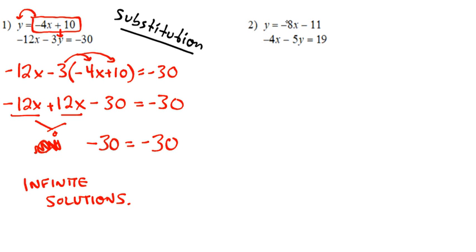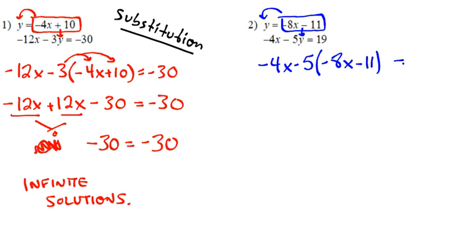Same situation, exactly the same. You should pause the video and try this one yourself, but it says that negative 8x minus 11 is the same as y. So I'm going to substitute. I write that second equation, but when I come to the y, I just replace it with negative 8x minus 11.